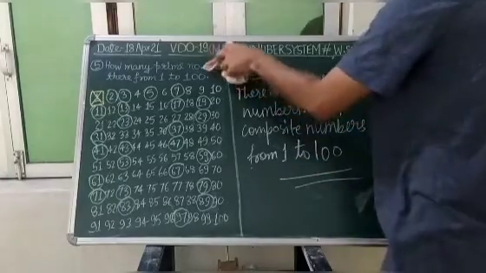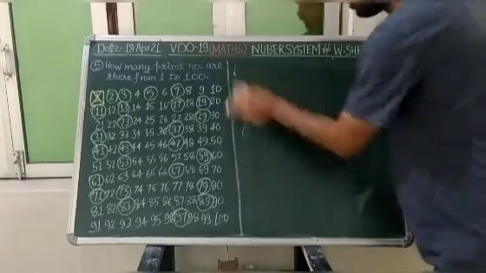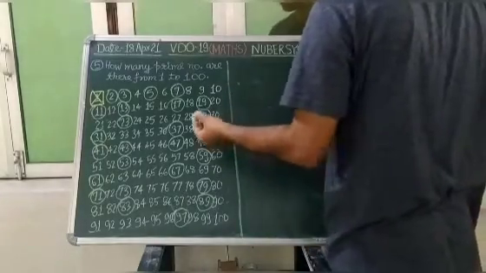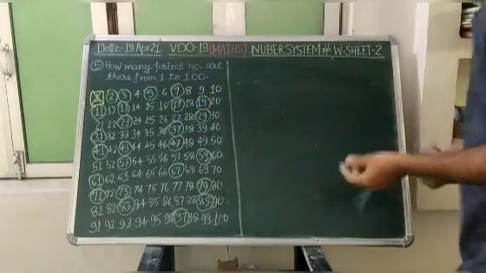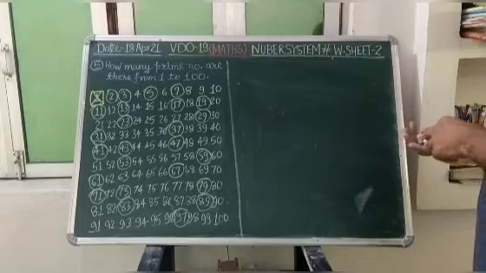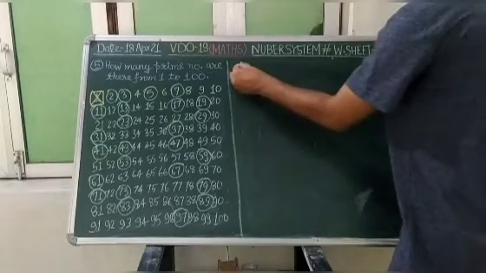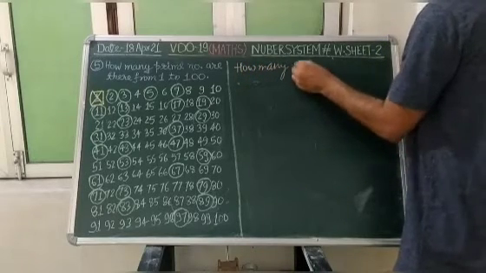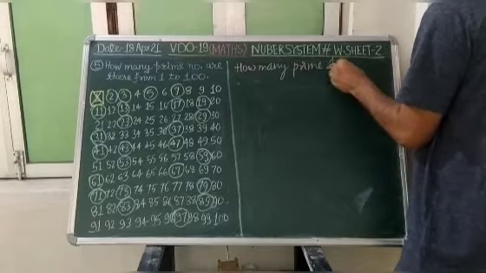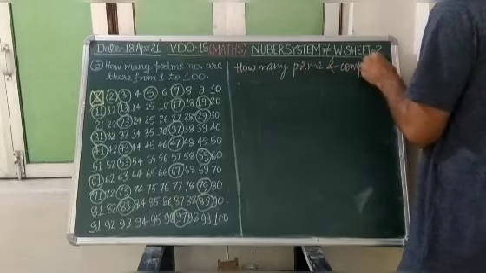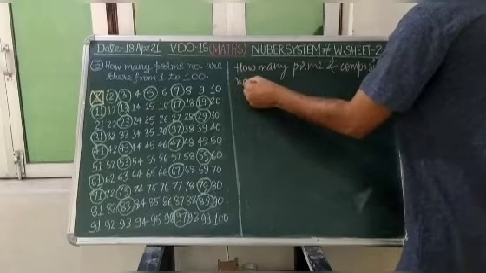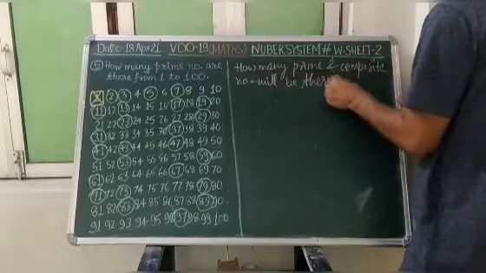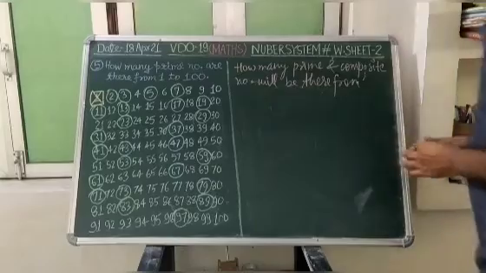Now one more thing I want to tell you. Here they are saying to find from 1 to 100. Suppose I am asking how many prime and composite numbers will be there from... not from.